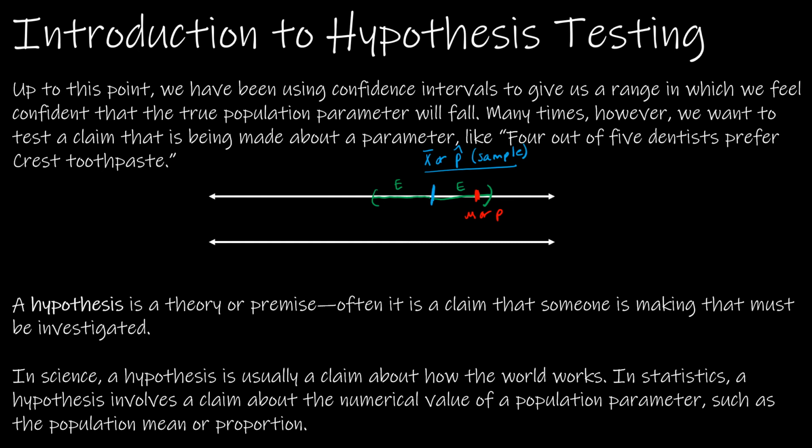We're still going to have this value, but now we're going to say, if, and we don't know the true mean or proportion, so if this is mu or p, how likely is it that I would find this sample mean or proportion.